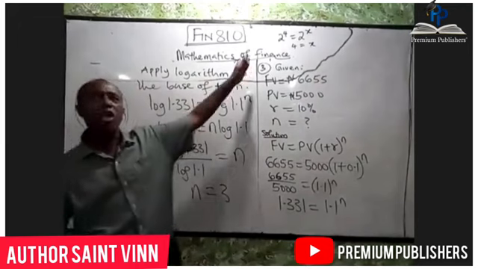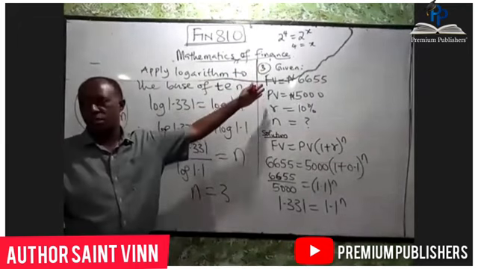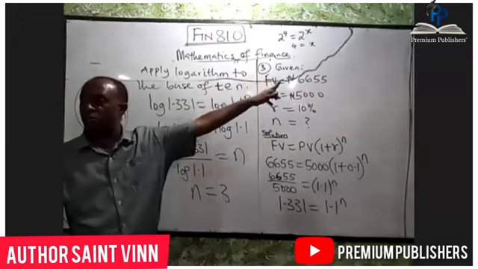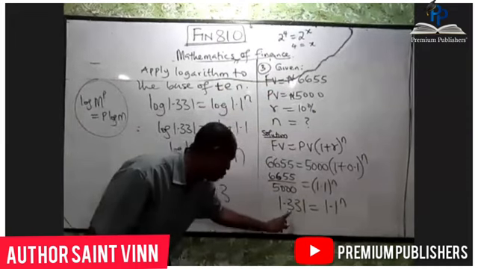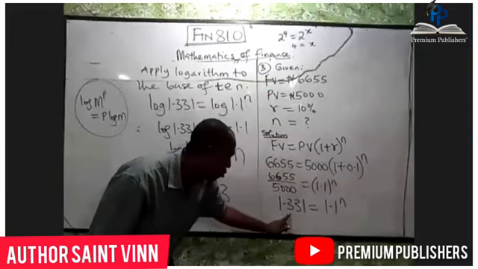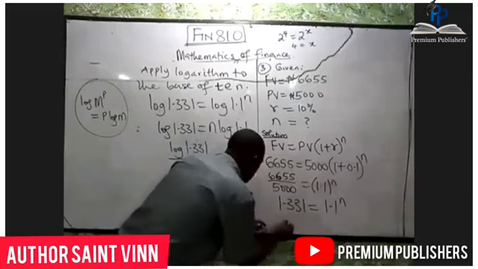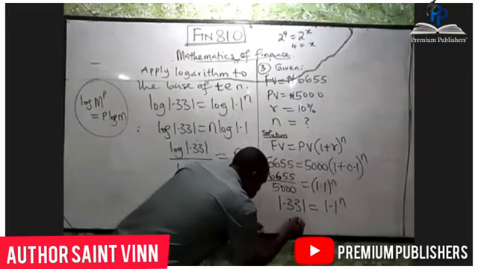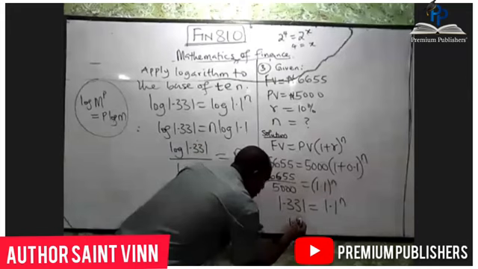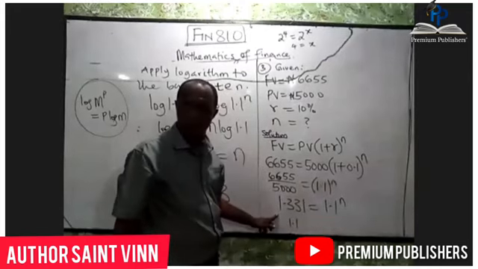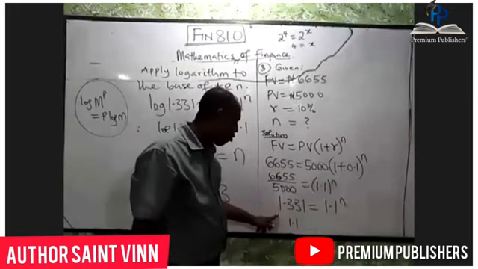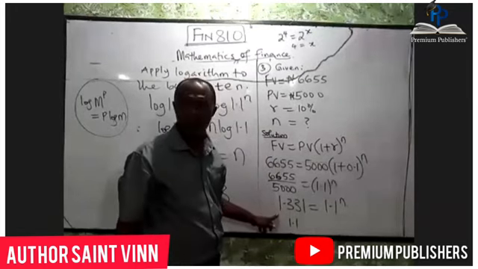We have to follow the laws of indices. Maybe this one now. Let me say 1.1 raised to power maybe 3. The same thing can work. Yes, so I don't even need logarithm.